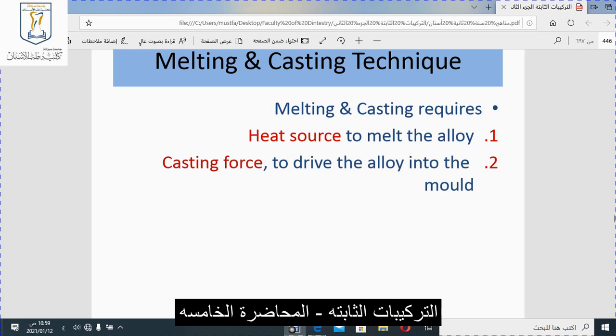So burnout removes all the oxygen inside and makes the mold vacant, and the alloy during casting will be introduced inside the mold to fill the mold, the fins and the porosity. When the alloy starts filling the mold, the pressure will allow the air to leave the mold and be replaced by the molten alloy.